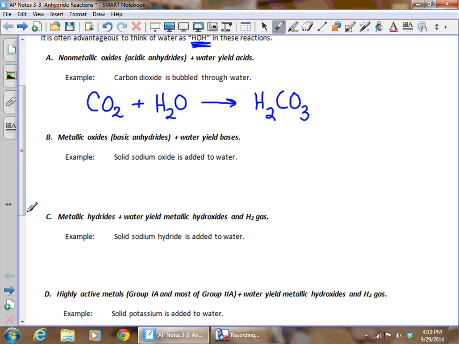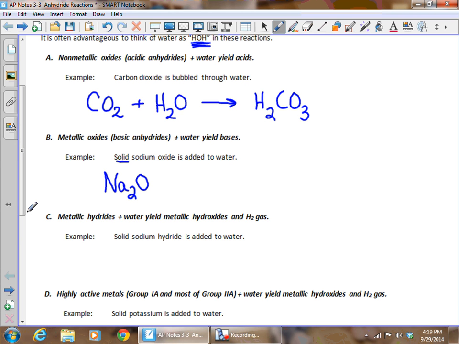Now, if we have a metallic oxide, these are called basic anhydrides because when you add water to them, they yield bases. For instance, if we've got solid sodium oxide, and one thing to remember is that if it tells you that something is solid, even if it would split or ionize when it's added to the water, you will not show that in the reaction. So we've got Na2O. Guys, I'm seeing a lot of people not finding charges.